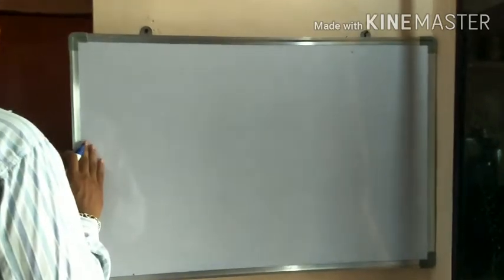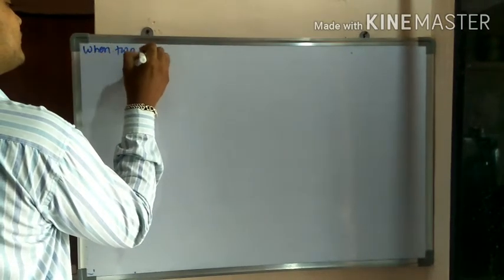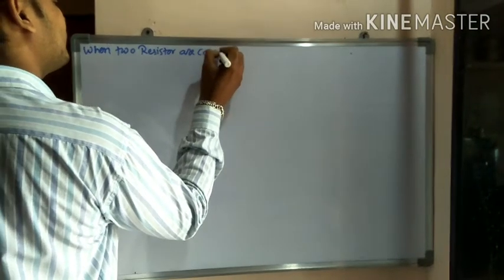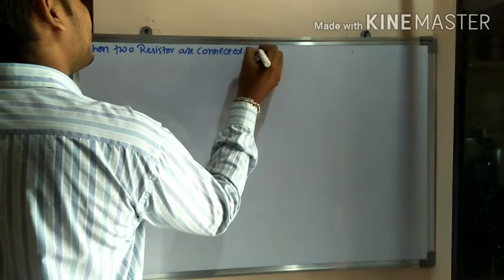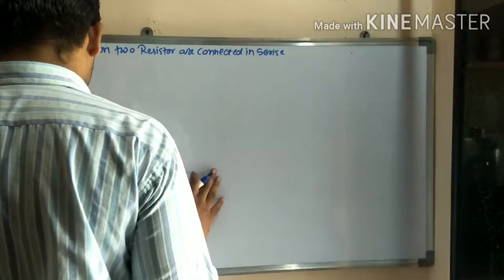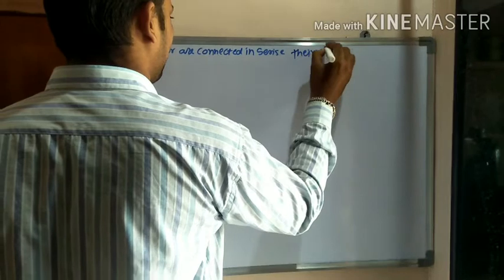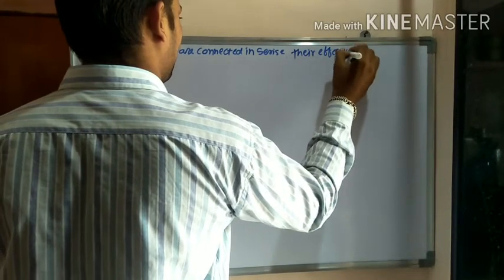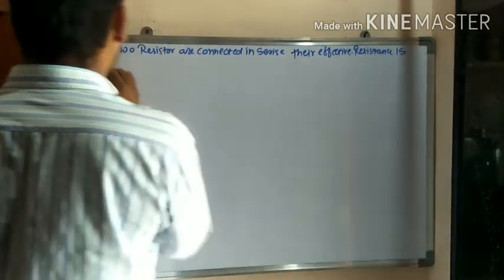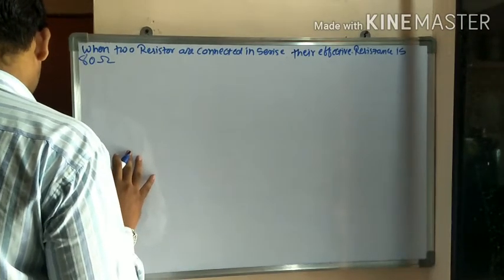When two resistors are connected in series, their effective resistance is 80 ohm.